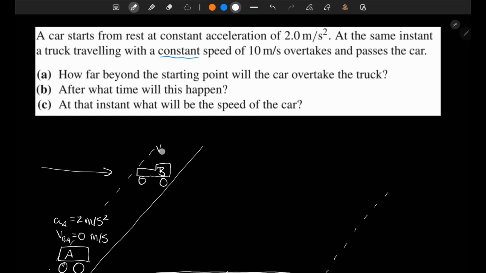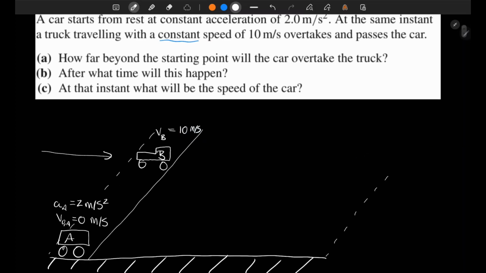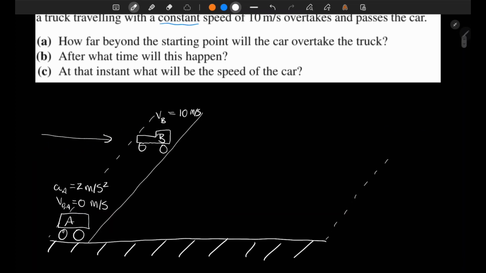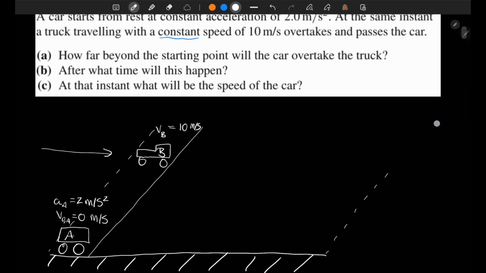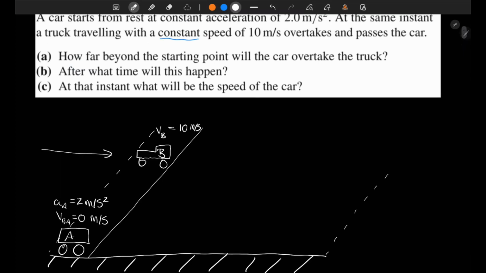And that speed of truck B is equal to 10 meters per second. And it overtakes and passes the car. The reason is that this guy starts from rest, so his initial velocity is 0, and the truck zooms by him.